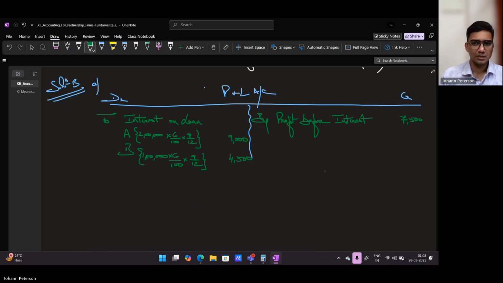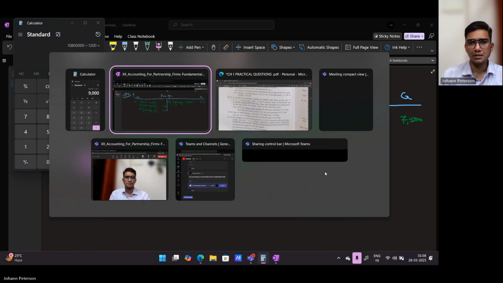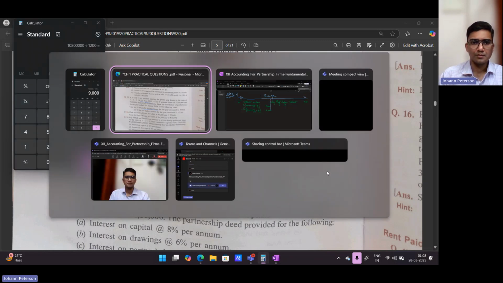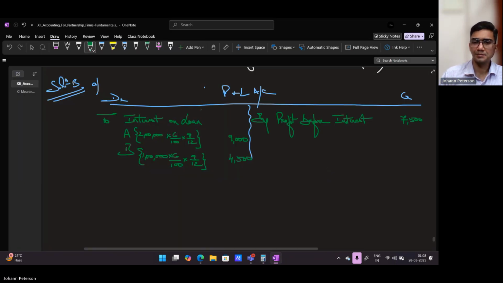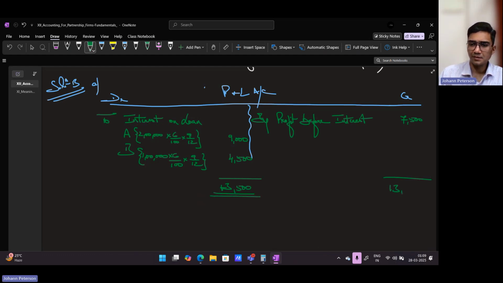So in this case, are we getting something different? Let's see. Yeah, it is a loss. Where are we getting a balancing figure? 9 plus 4 makes it 13,500. The other side also 13,500.